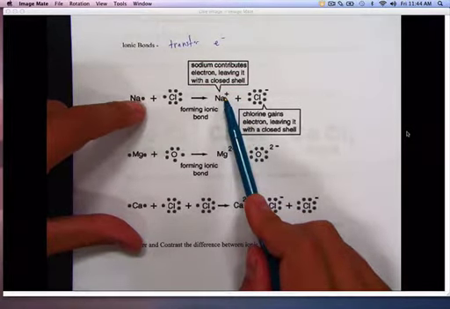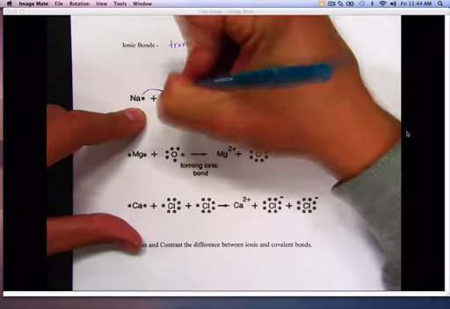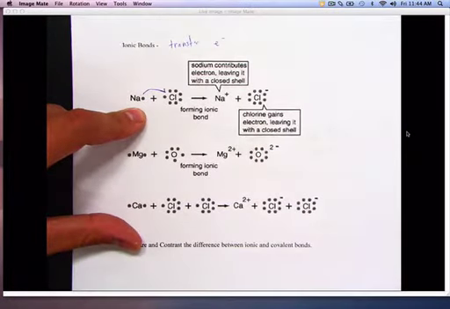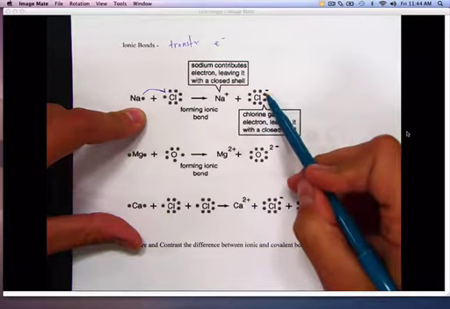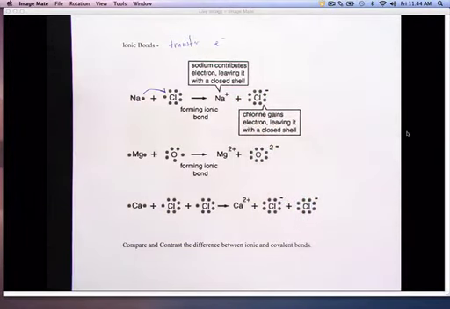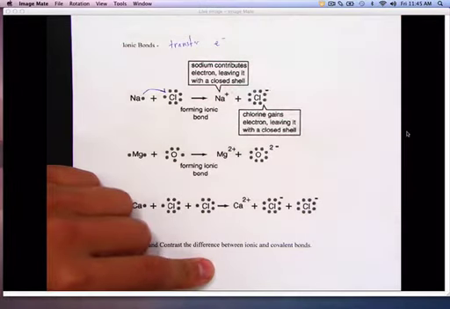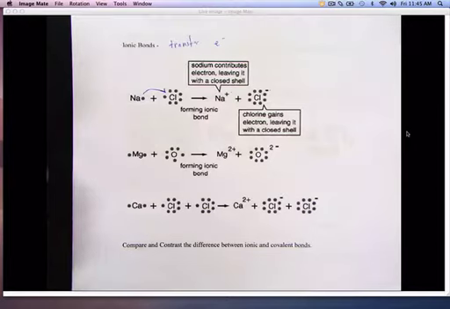It gives this electron to chlorine because chlorine is way more electronegative, so it attracts electrons easier. So now chlorine has a negative charge, and sodium a positive charge, so what's holding these together? It's not a bond per se, it's more the attraction. One's positive, one's negative, opposites attract, likes repel.